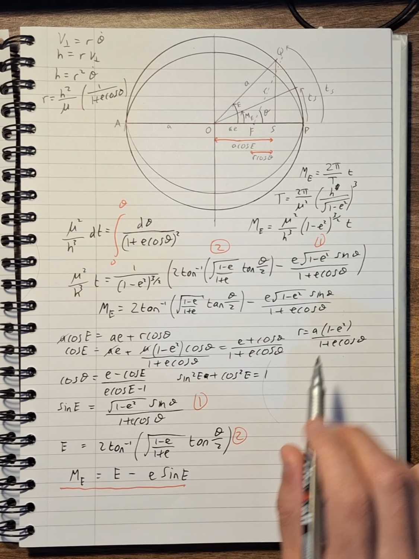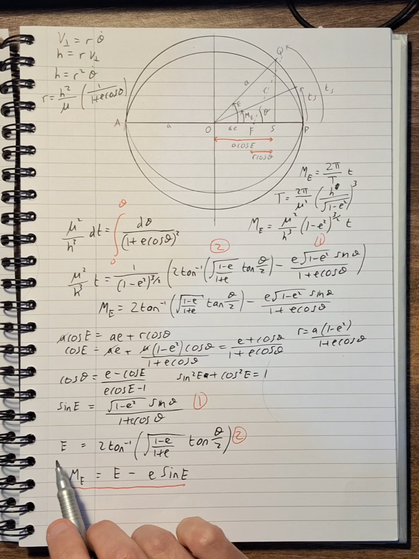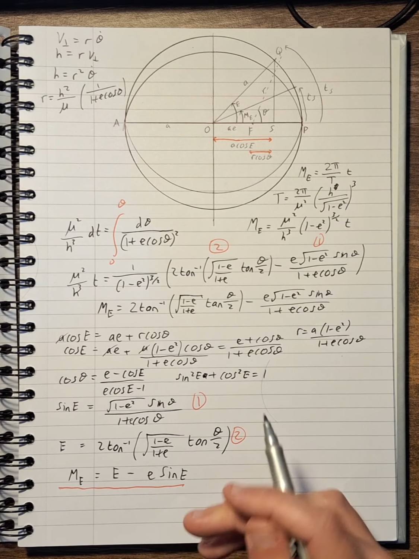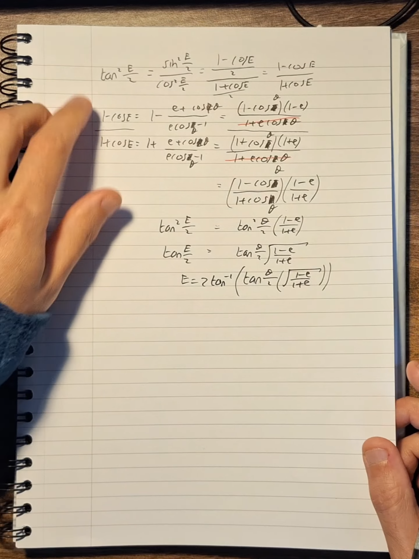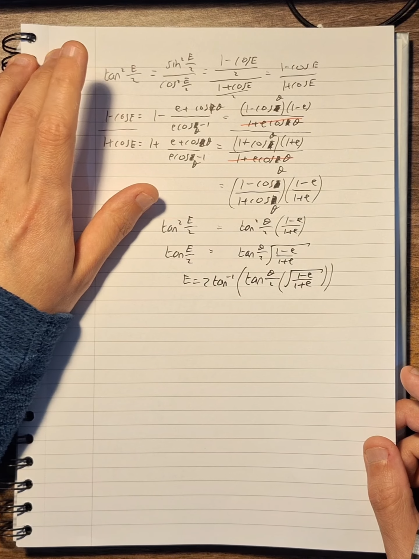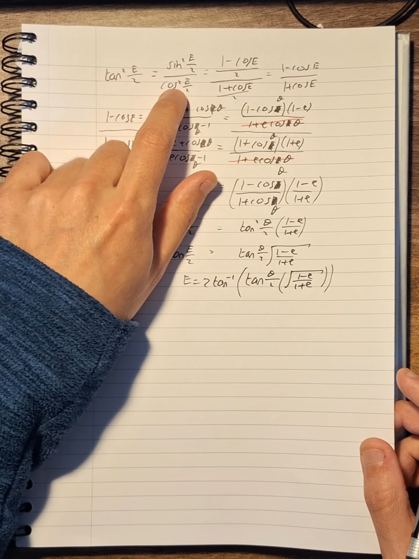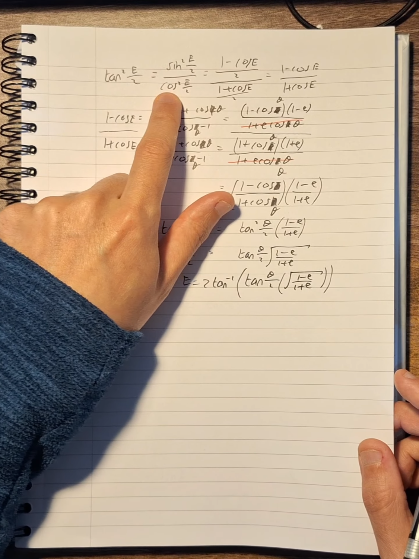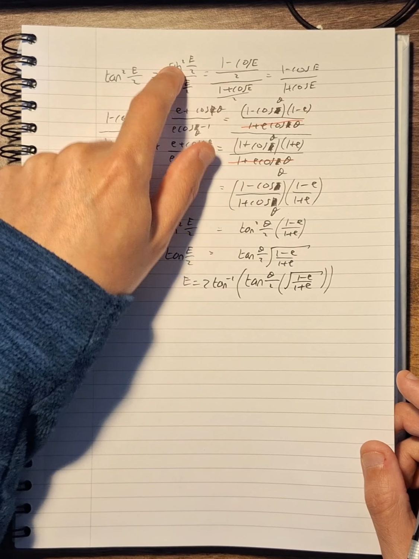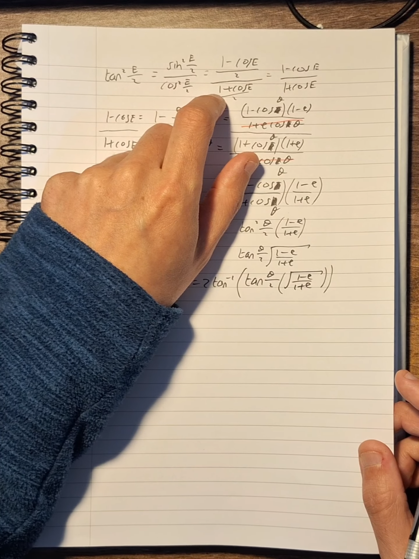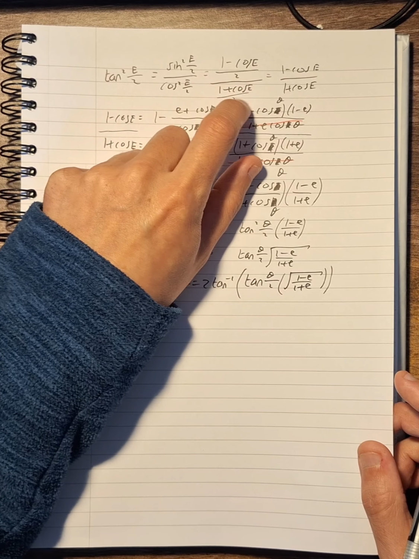Then we can get another one for big E using some tan identities. Tan squared of the angle over 2 equals sine squared of the angle over 2 over cos squared of the angle over 2. The half angle formulas for the top and bottom can be reduced to 1 minus cos E over 2, and 1 plus cos E over 2.